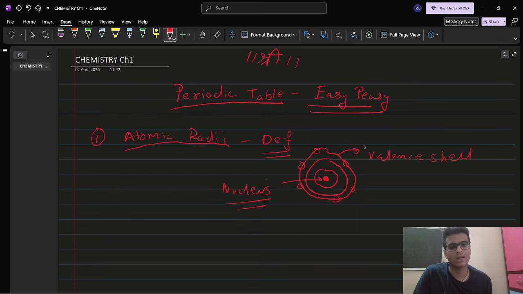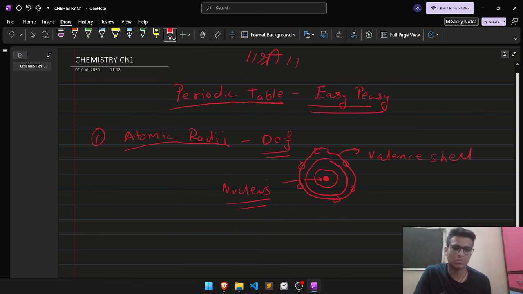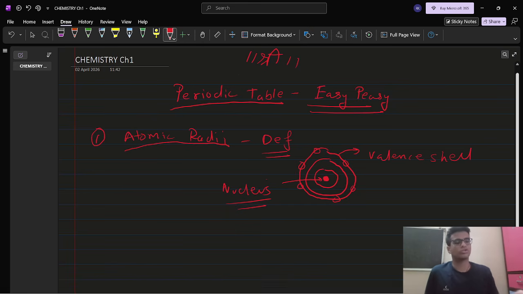So atomic radius is defined as the distance between the center of the nucleus and the outermost shell. That is all, there is nothing else in this definition. Memorize this by heart now. If you're not understanding, just learn it by rote. Nothing else there.